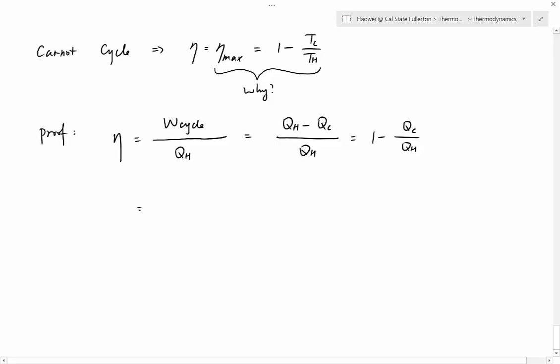And again, we do the same thing. We change the subscript. QC, losing heat, that's the condenser, so process 2 to 3. Q hot, that's gaining heat. You gain heat in the boiler, that's 4 to 1. And then we do a math trick. What we do is divide both of them by mass.